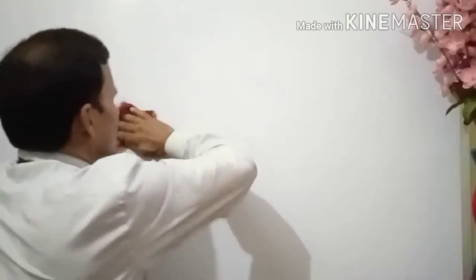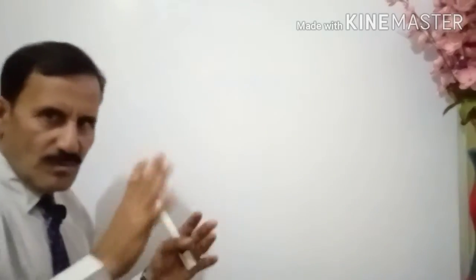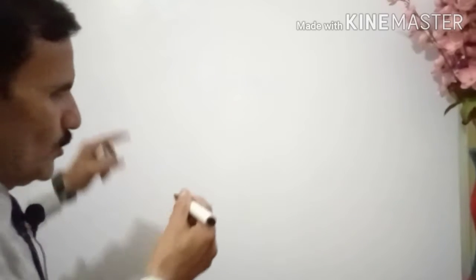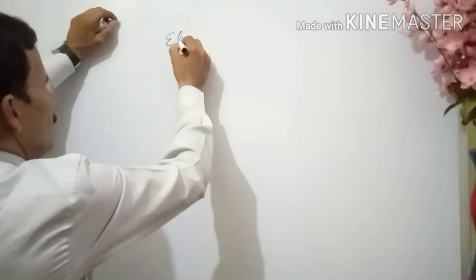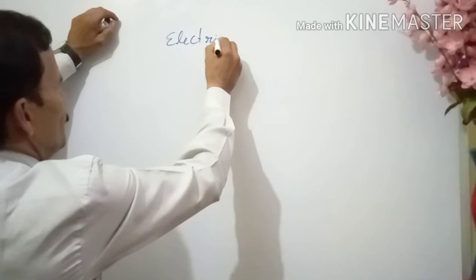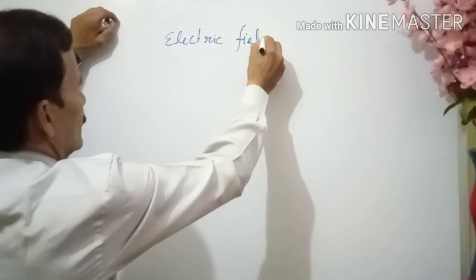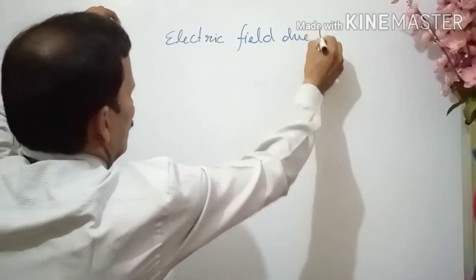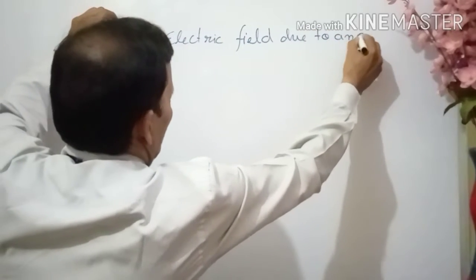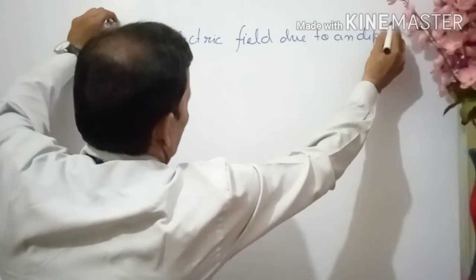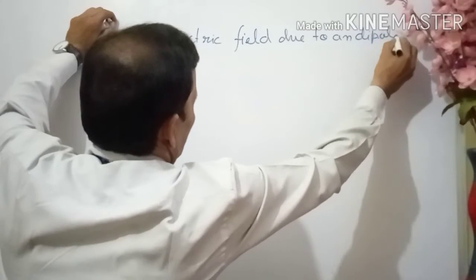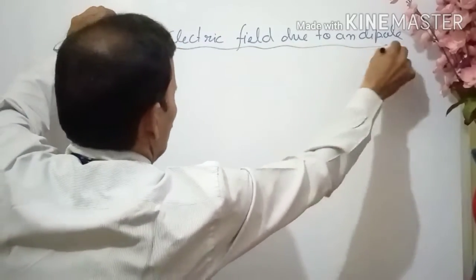Okay. So our distance of the point is very, very large as compared to, we are going to see the electric field due to a dipole. Suppose we are going to discuss this electric field due to a dipole.